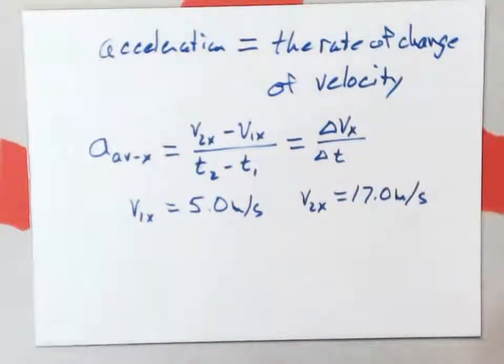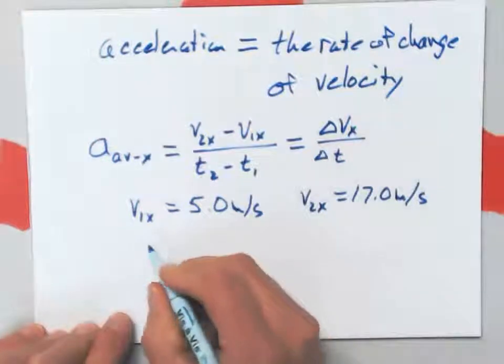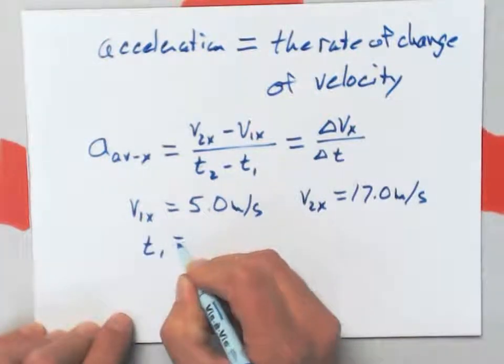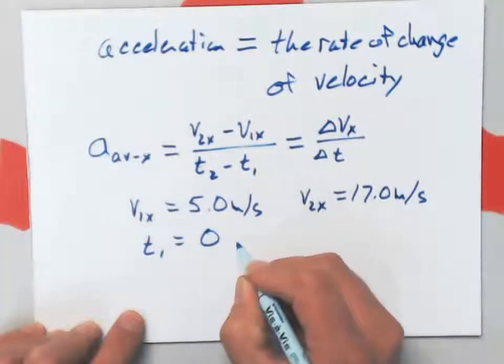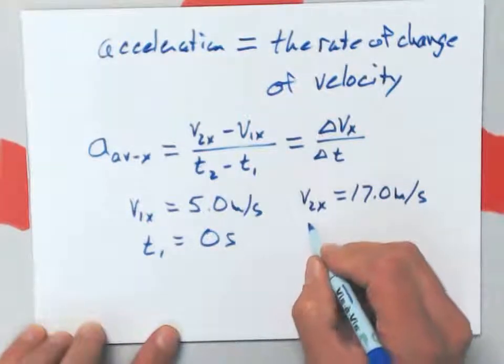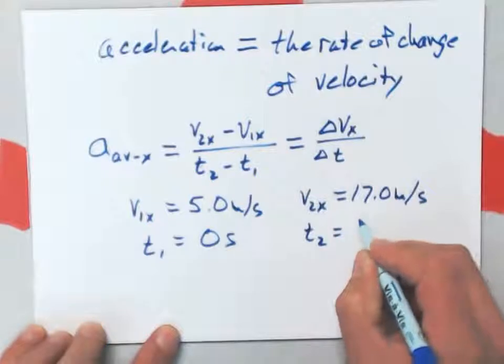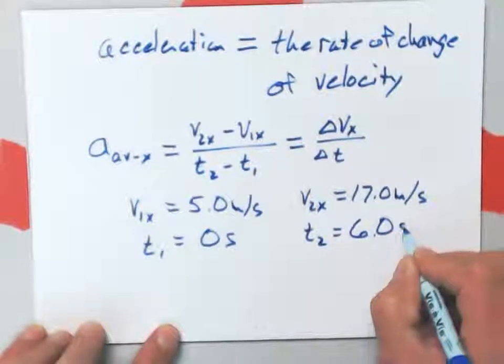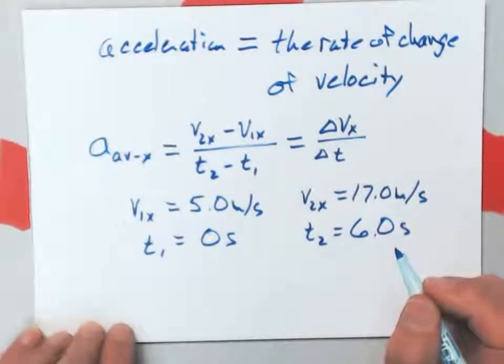And these are just numbers that I made up. I happened to invent them so that the calculation could be done in my head. Let's suppose that t1 is when we start our clock, and t1 is 0 seconds. t2 is 6 seconds later, and that's when the thing has that velocity.